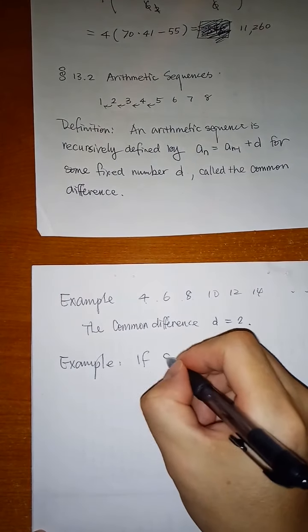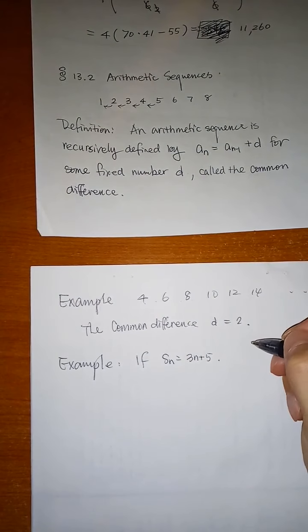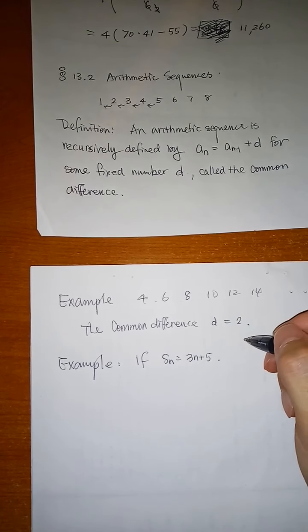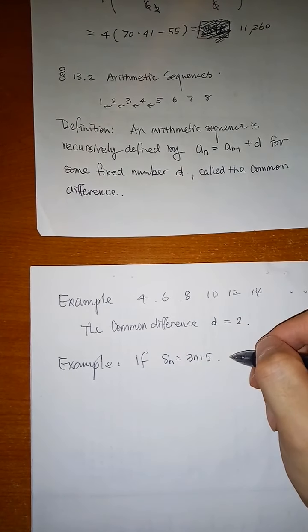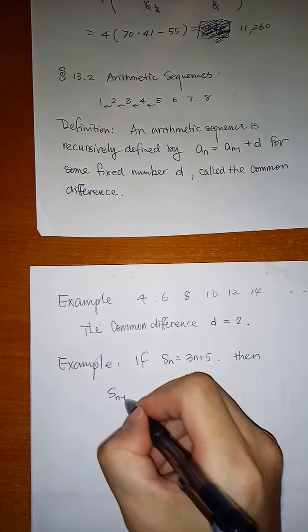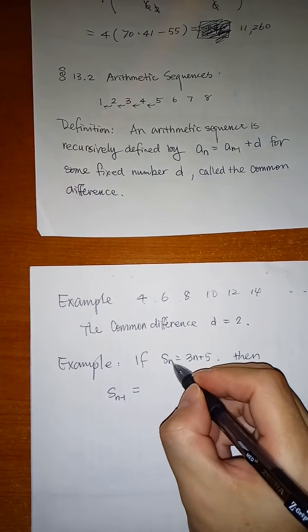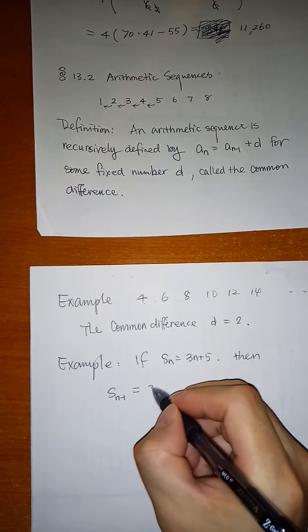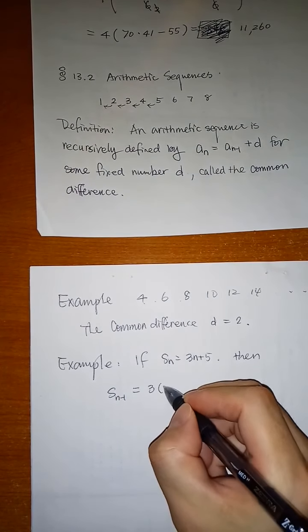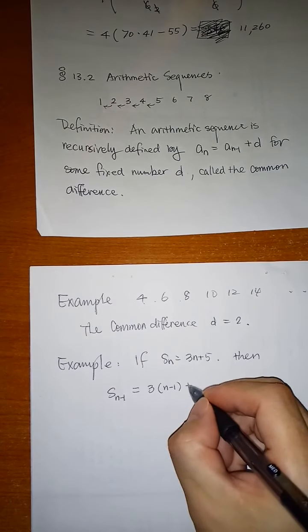If Sn is 3n plus 5, for example, what is Sn minus 1? You see, it's like the evaluation of a function. Whenever you see n, you use n minus 1. So 3, you see here n, you're going to write n minus 1 instead, so it's 3 times n minus 1 plus 5.